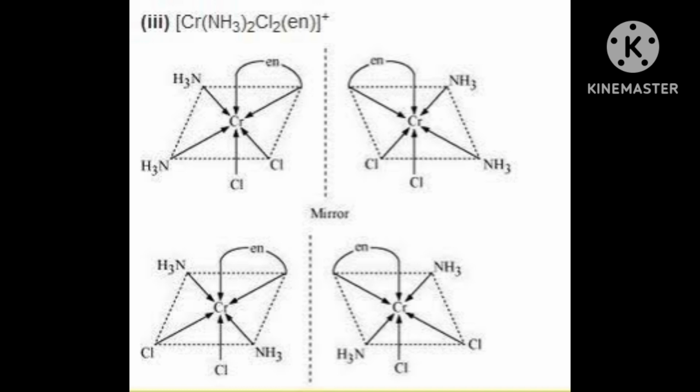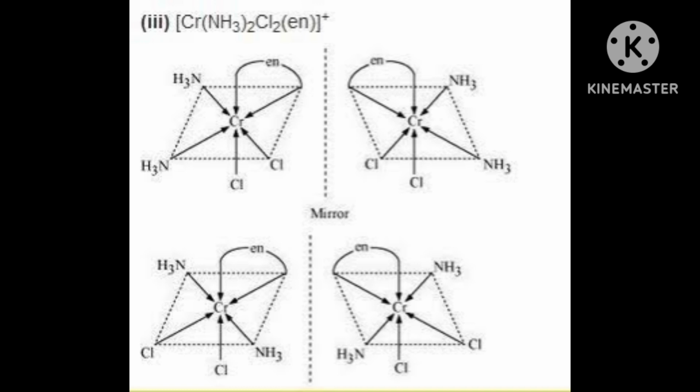Diamine means two amines are there, meaning N is there. NH2 is amine. N has a lone pair of electrons, hence it can donate. So in one en, two N can donate electrons. That's why it is called didentate.